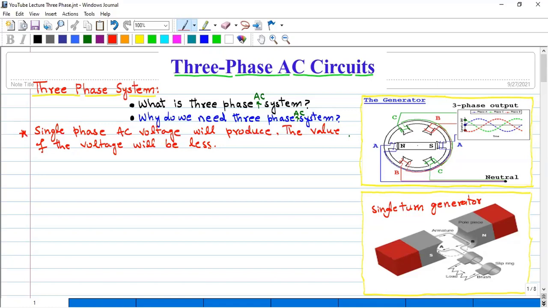So now the question is, how can we increase the voltage?